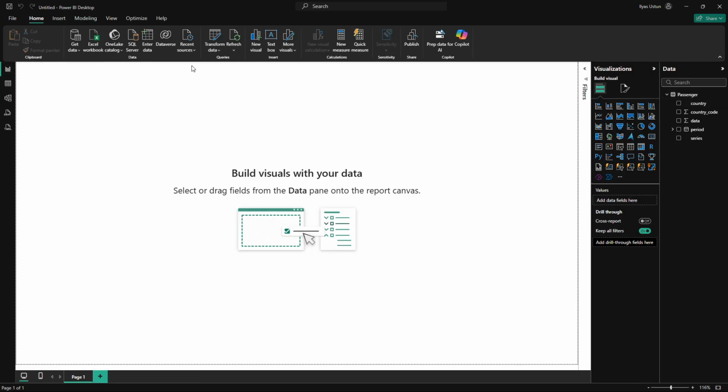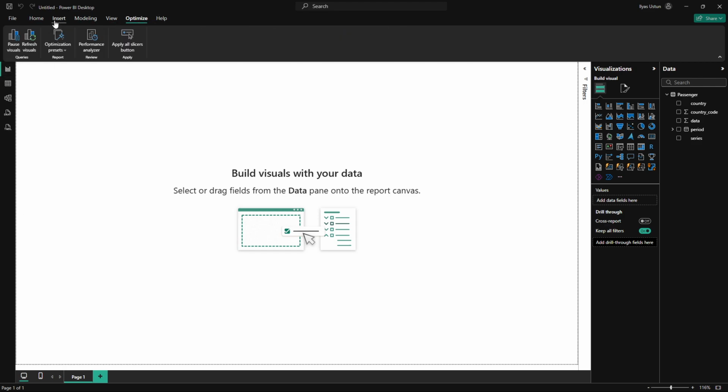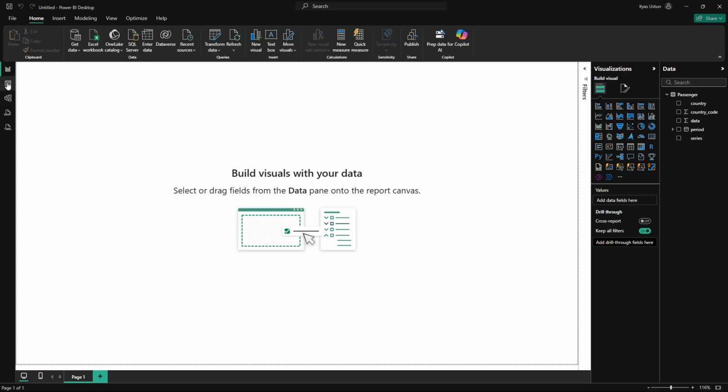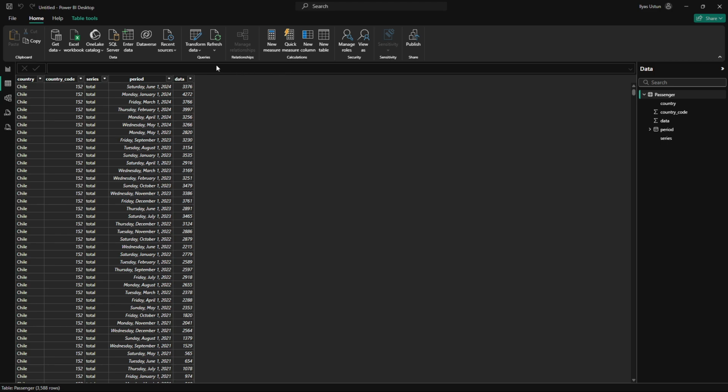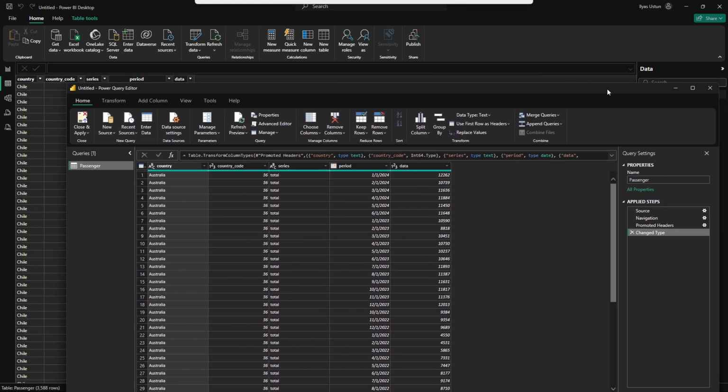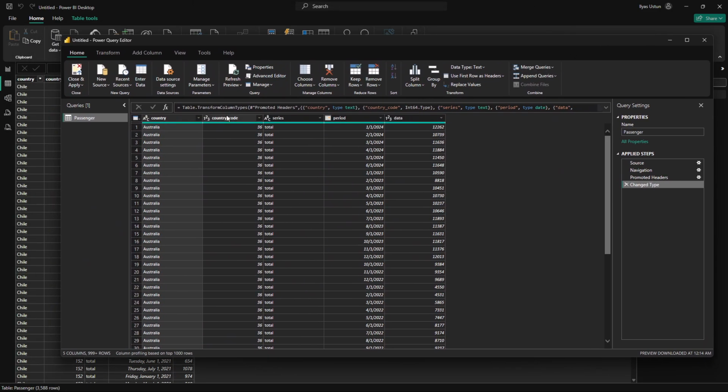I just wanted to... Okay, transform data. Yes, I just wanted to make sure that the column types are correct.